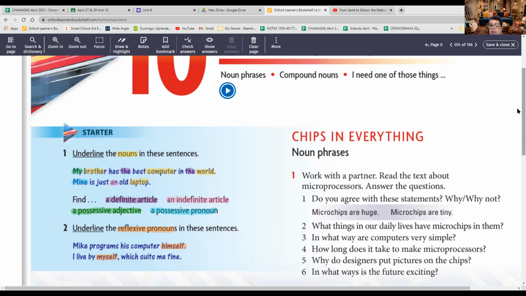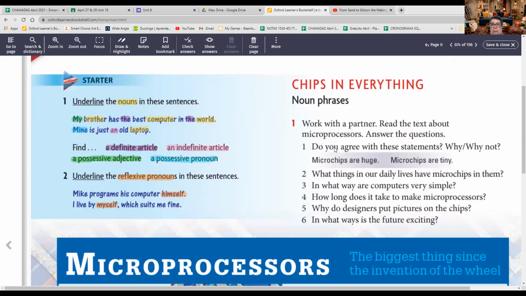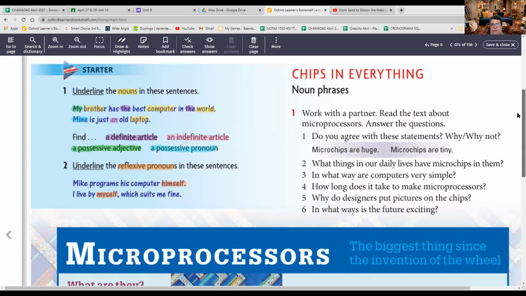So let's take a look at some more examples. And to help us, they're going to show us a text about something quite interesting. So here they say, read the text about microprocessors and answer the questions. Okay, so let's see the questions first. Do you agree with these statements?